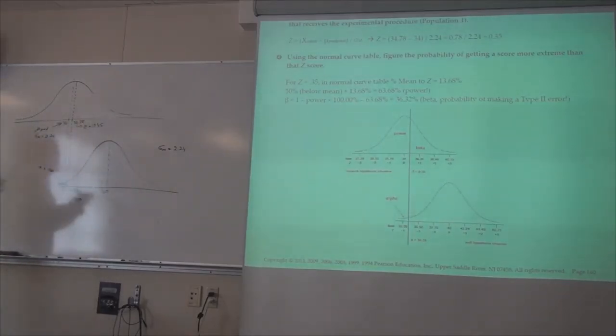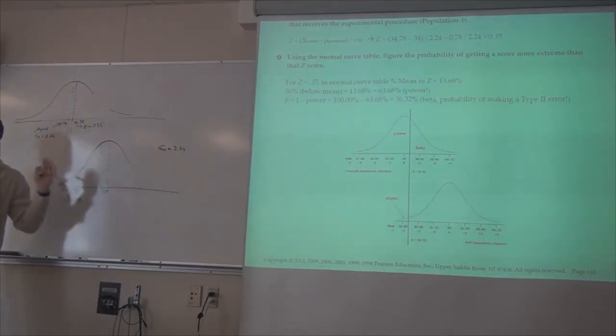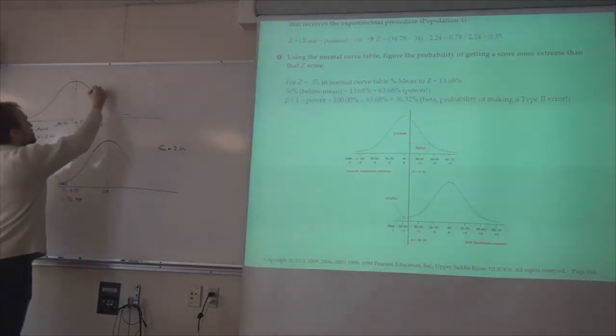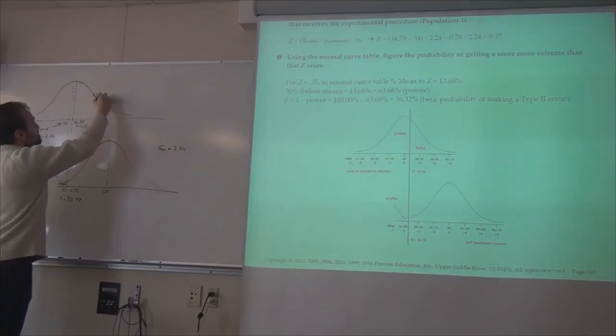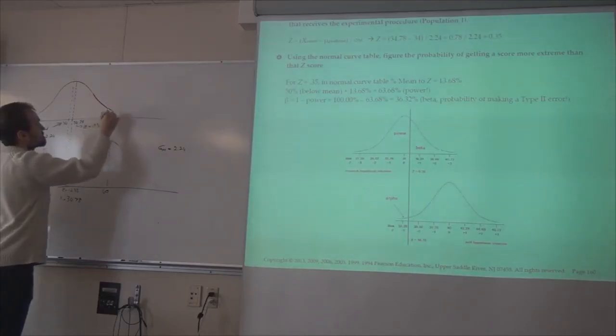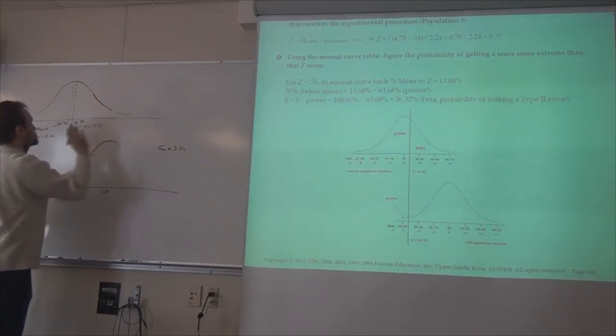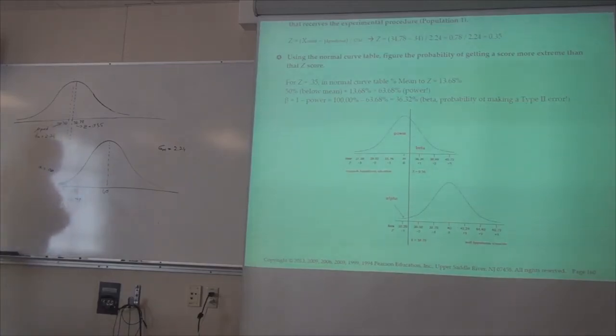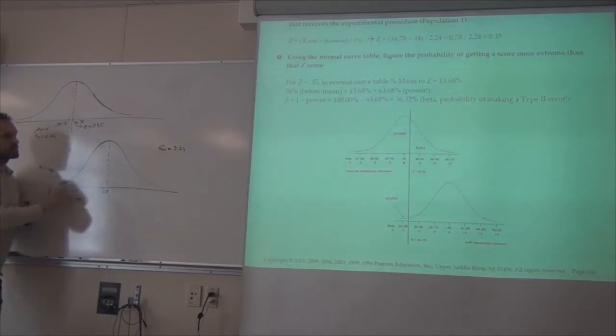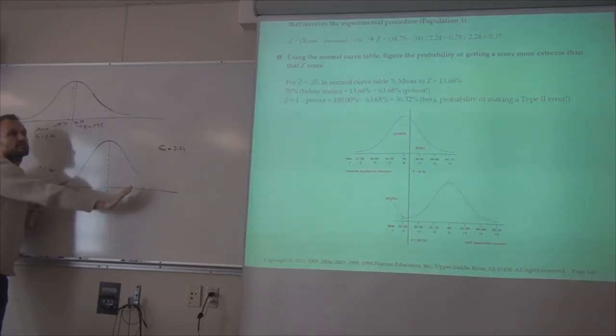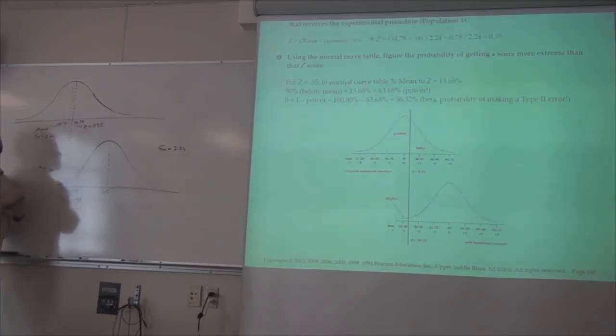Everything's shifted. Last time we had the right tail, now we have the left. So let's talk through this and make sure. Reconstruct my curve here. Which side is which? I'm going to reject the null hypothesis if I'm to the left of this cutoff. I'm not going to reject the null hypothesis if I'm to the right. A type 2 error is what?